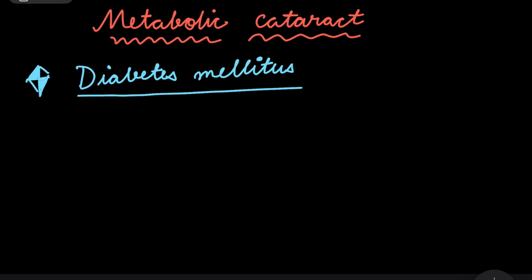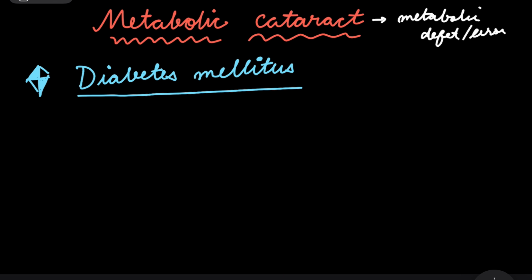Metabolic cataract simply means any form of cataract which is developing due to some metabolic defect or error. You will understand this better with the different examples that I'm about to put in front of you, that is, the different forms of metabolic cataract.